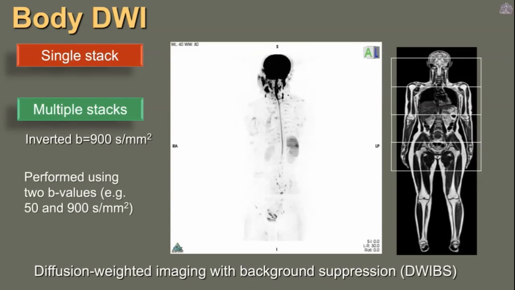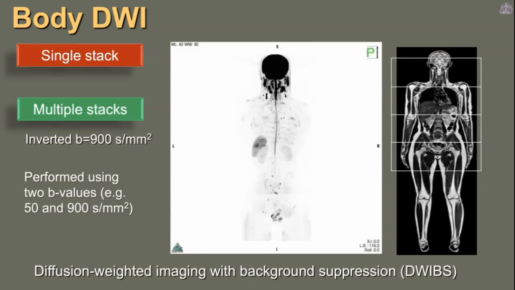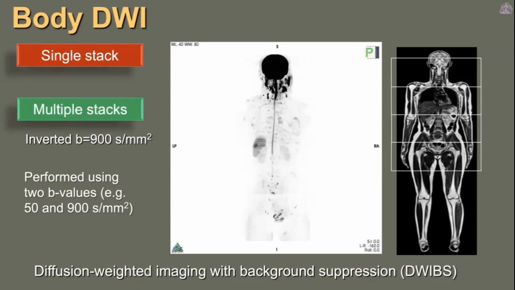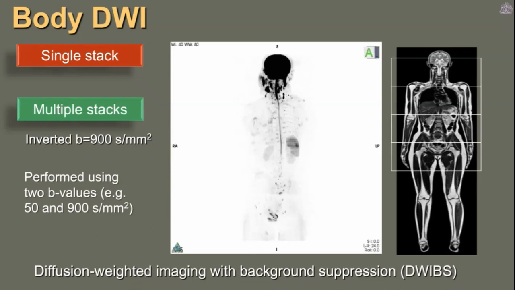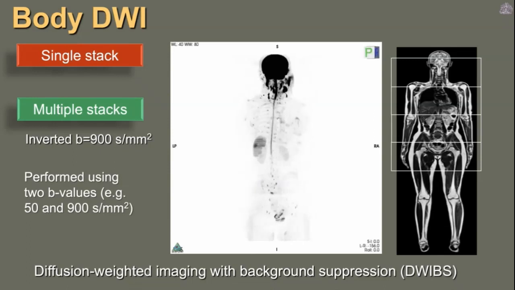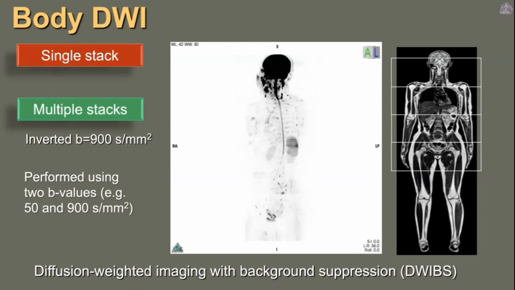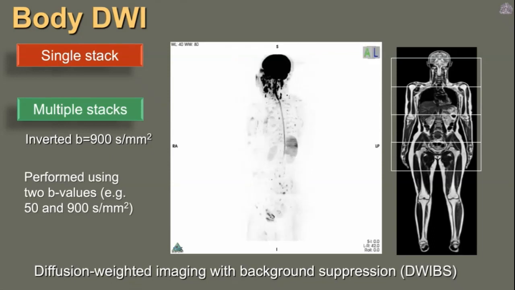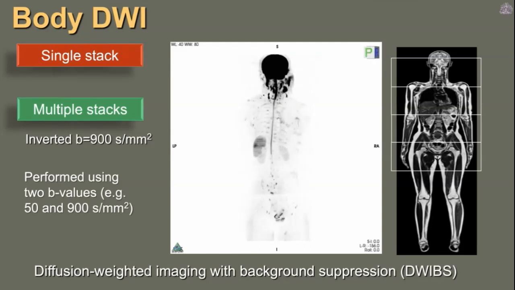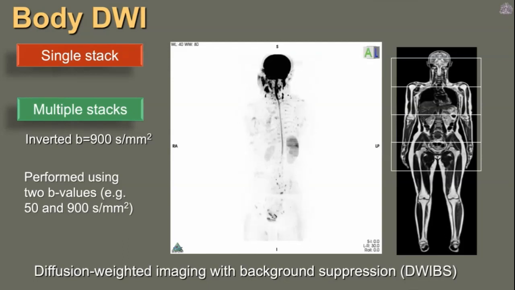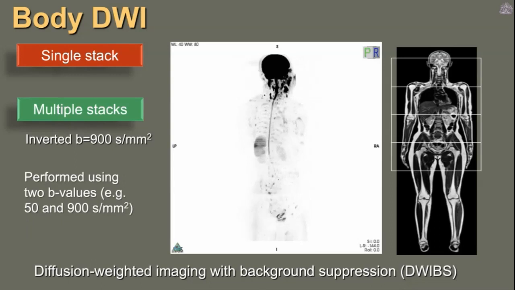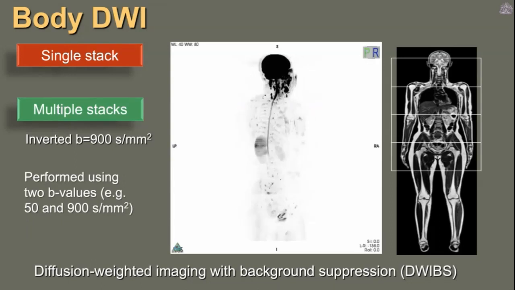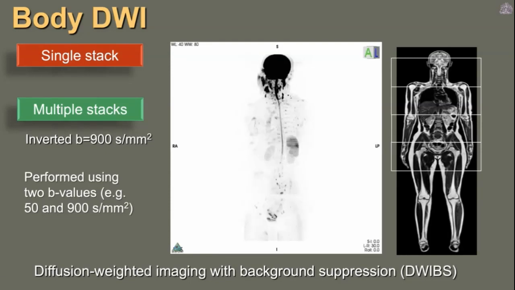In this case, we use what is called a maximum intensity projection image, and you can see that these images begin to look like PET imaging, but they are not PET imaging because the biological basis of this contrast that we see is not due to tracer uptake, but a map of tissue cellularity. And as I said, because the background tissue is so well suppressed, areas of cellularity are enhanced by this technique.